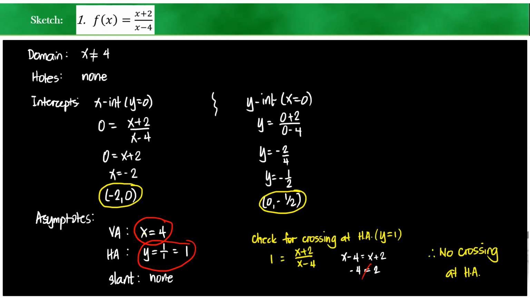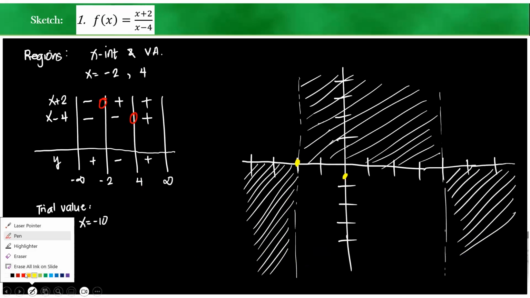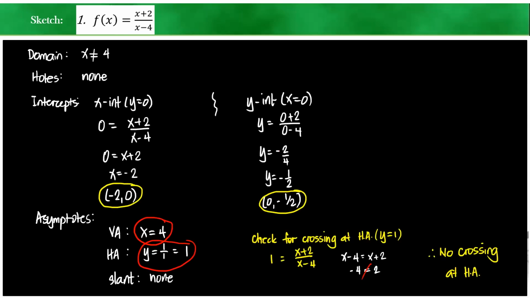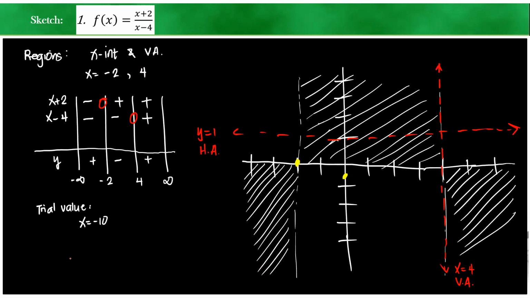X equals 4 at saka y equals 1. I'll make that red. X equals 4. We will label this. X equals 4 is my vertical asymptote and y equals 1, HA. Now, are there any crossing? There's no crossing at the HA.